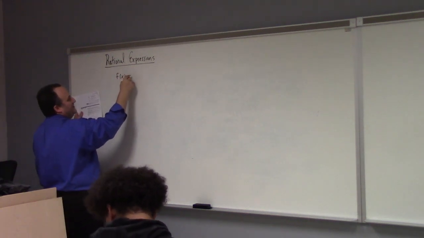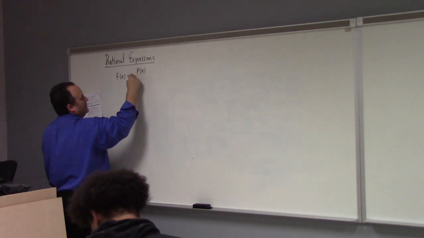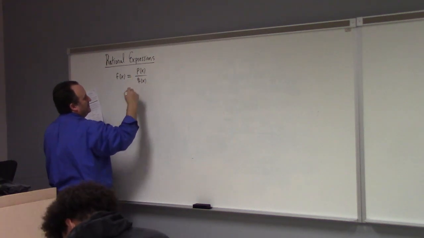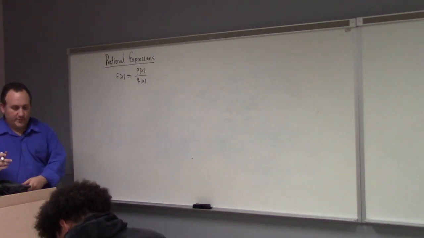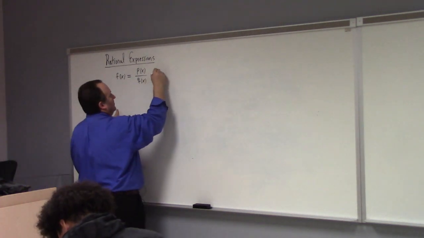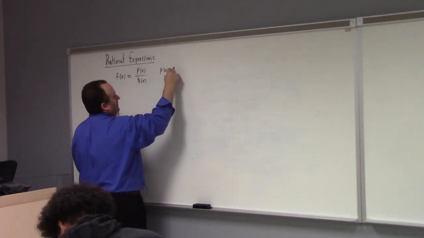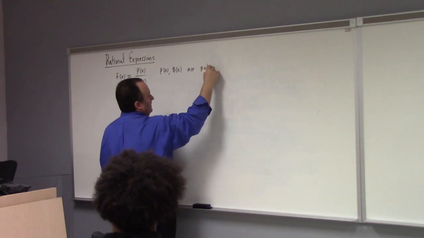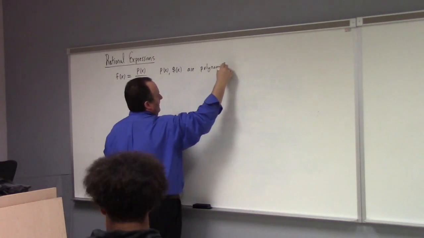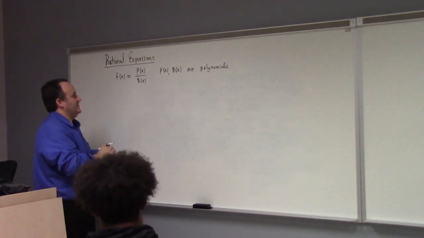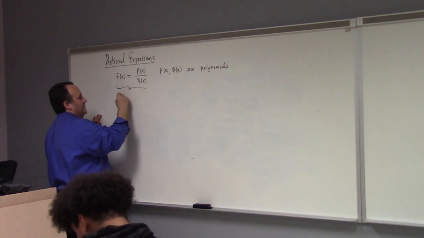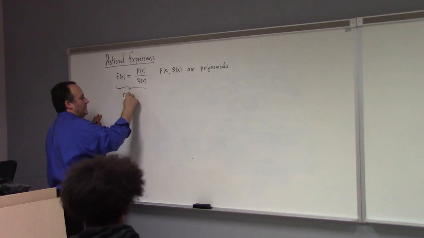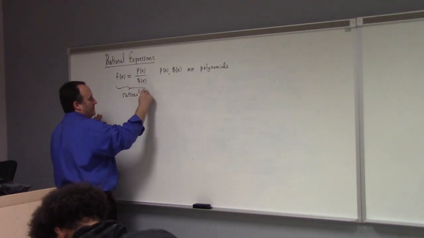So if you have f of x is p of x over q of x, where p of x and q of x are polynomials, then that makes this what is called a rational function.